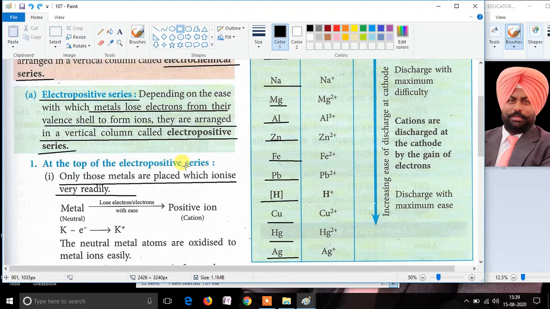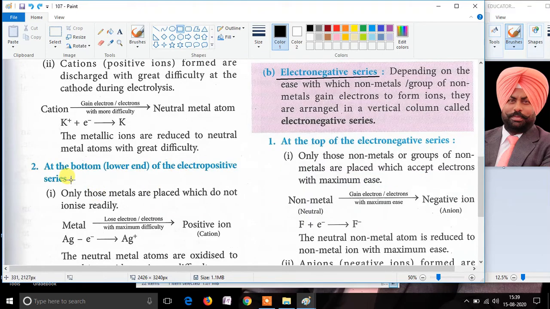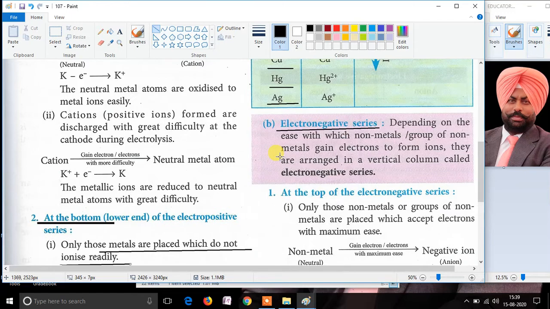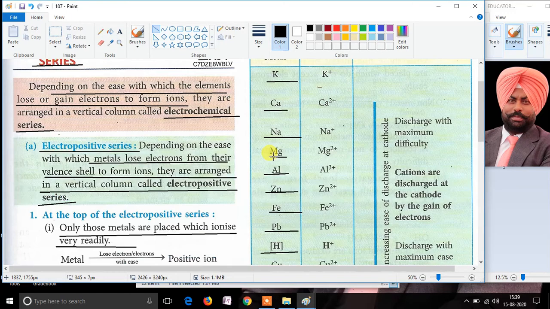The other thing to be discussed is that the elements which are at the bottom do not form ions readily, but they migrate towards anode or cathode much more easily.